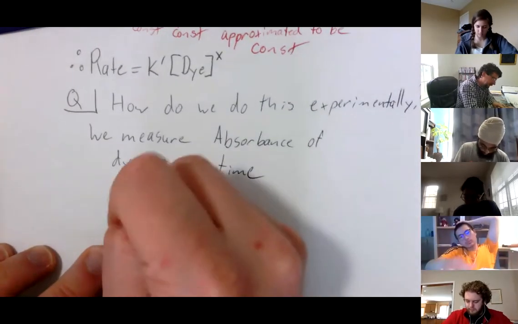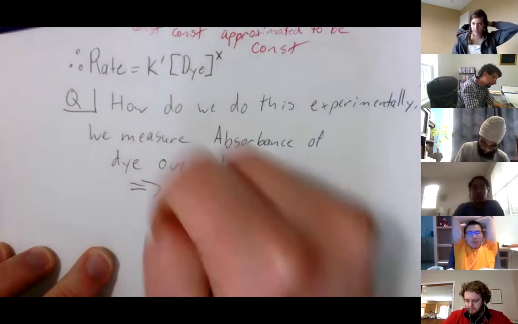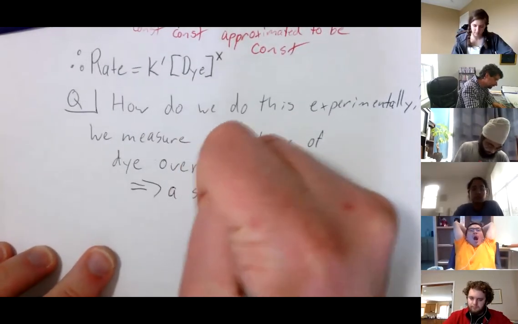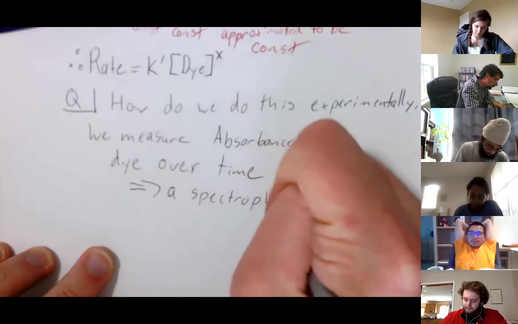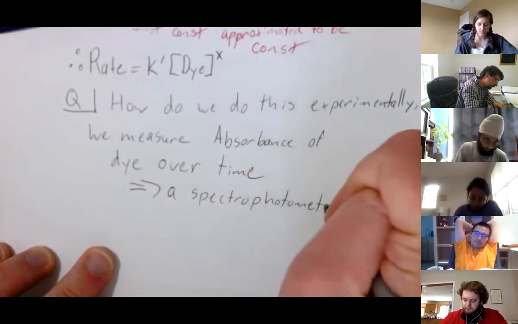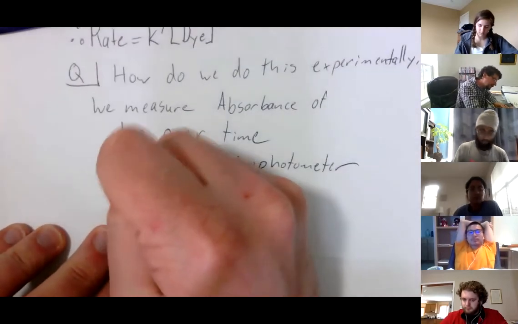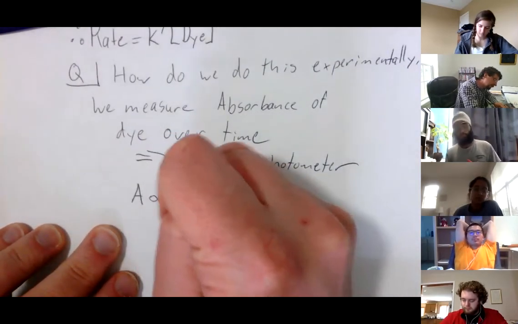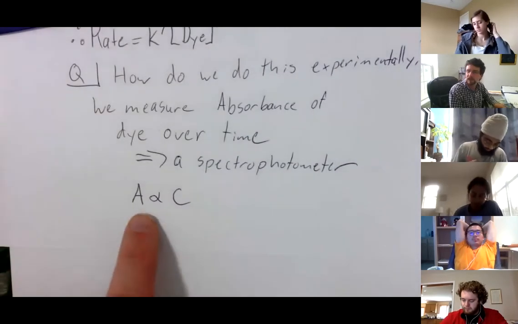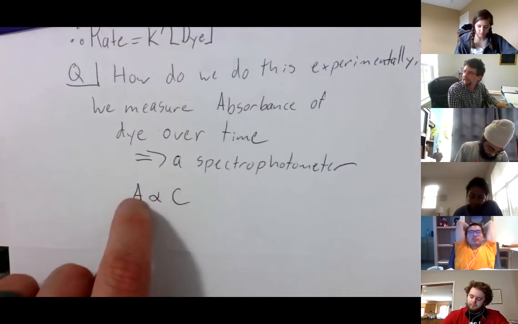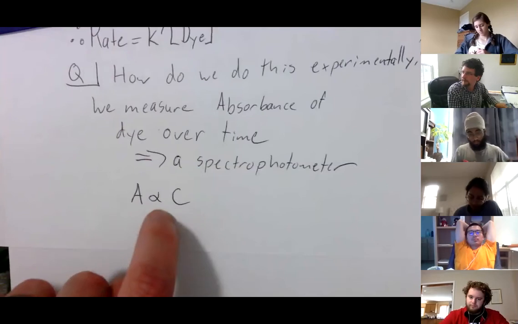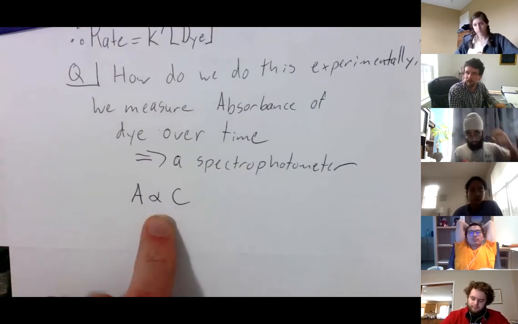What instrument do we use? Spectrophotometer. Yep. Okay. So we have a relationship where we say absorbance is proportional to concentration. There's a law that actually lets us go from this proportionality to an equal sign. Do you remember what that law is?